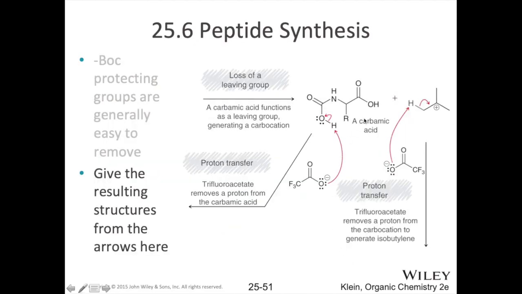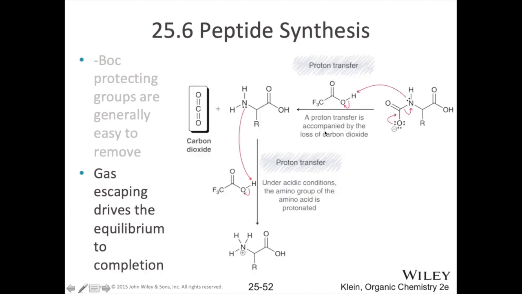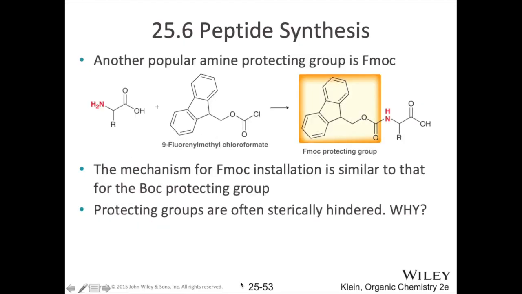Essentially you'll have the tert-butyl group leave, and eventually that will get converted into 2-methylpropane. The carboxylate group on your BOC group that's attached to your nitrogen will eventually leave as carbon dioxide, right? And this, of course, is very one-directional. That leaves as a gas, so you're not going to do the reverse reaction. And ultimately, what you're left with is, of course, that amine group. All right.